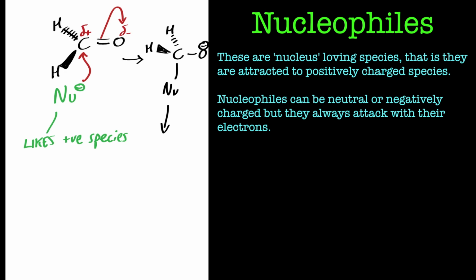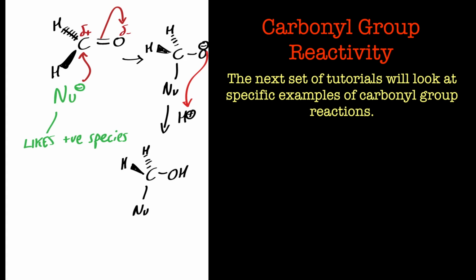Now if this reaction is worked up with a bit of acid, you'll have converted the carbonyl into a new species which has an OH on it rather than a carbon-oxygen double bond, and that is of course an alcohol as shown here.